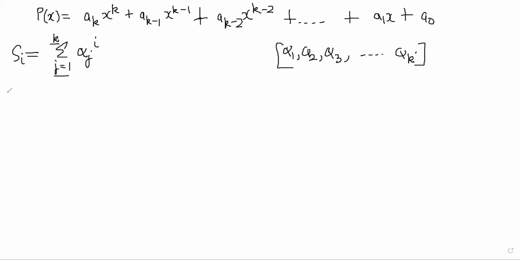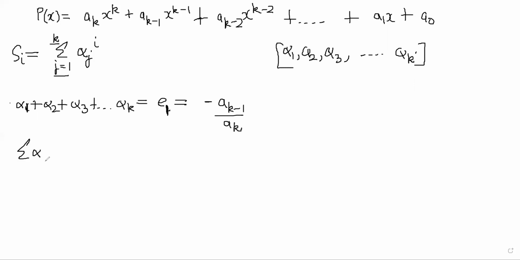So let's for a moment denote these symmetric polynomials. The sum of all the roots, alpha 1 plus alpha 2 plus alpha 3 and so on till alpha k, we will denote by e1. This is e1, the sum of all the roots taken one at a time. This is clearly going to be minus a_(k-1) by a_k. That is the Vieta relation. Then the sum of the roots taken two at a time, let's call that e2.